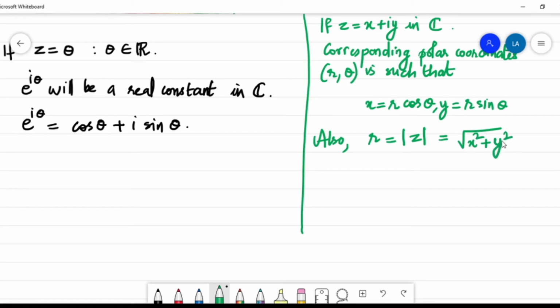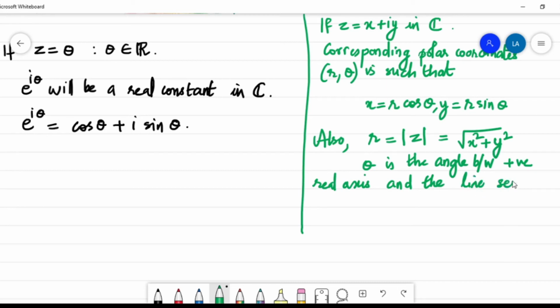And theta is the angle between the positive real axis and the line segment joining the origin 0 and the point z we are talking about.